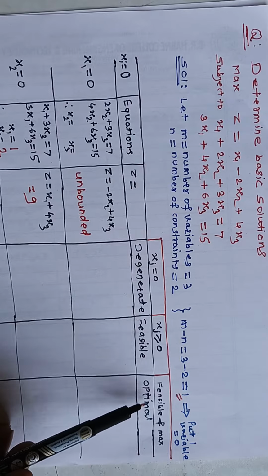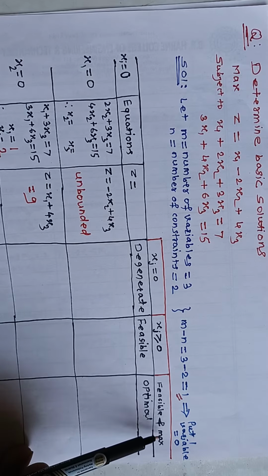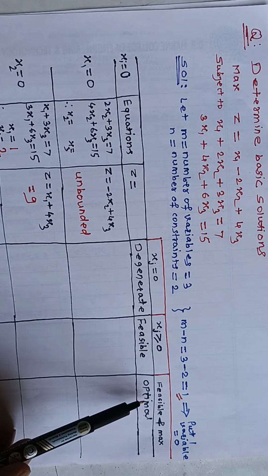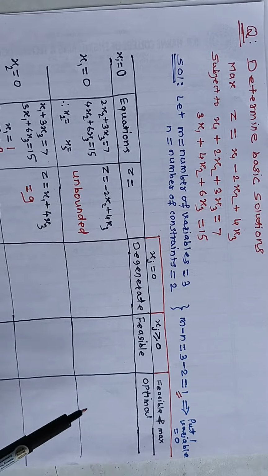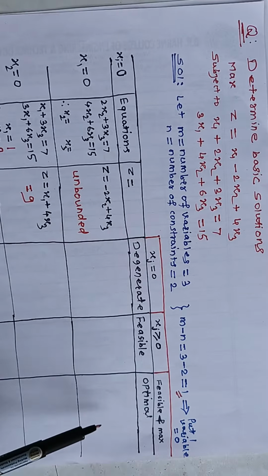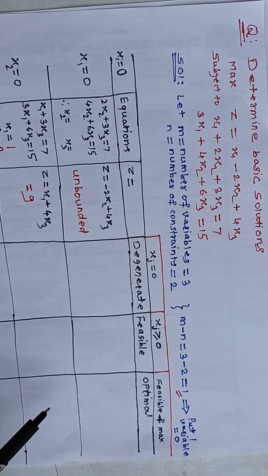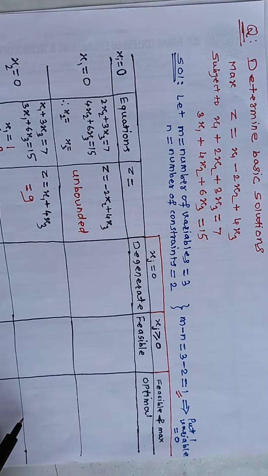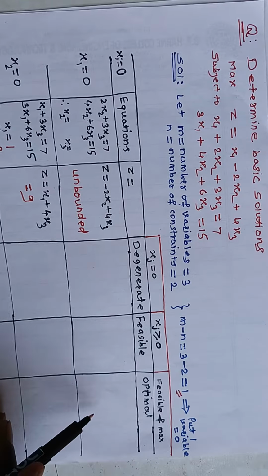Optimal means solution which is feasible as well as maximum value of z is there, then that solution will be optimal. Okay. Whatever may be maximum value of z, you can say yes in that row, otherwise remaining all values will be no. Okay. Only one yes will be there in last column, depending upon maximum value of z, and it must be feasible. Okay.